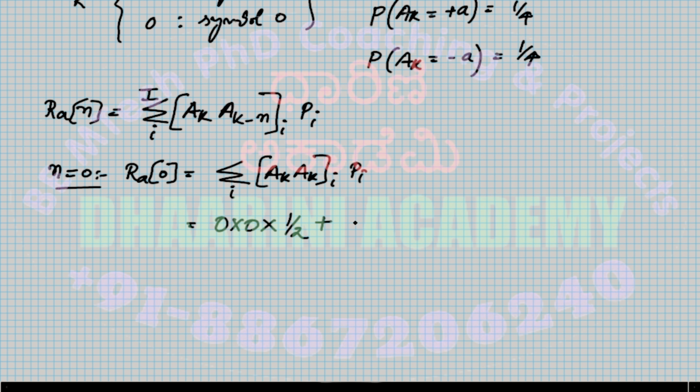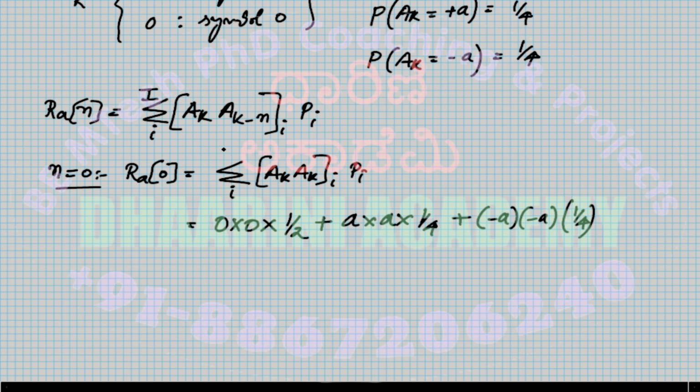Then you write plus. Other possibility will be plus A into plus A into 1 by 4. Are you okay? What is the other possibility? Minus A into minus A into 1 by 4, isn't it? So how many terms do you have? Only 3, right? 3 possibilities.